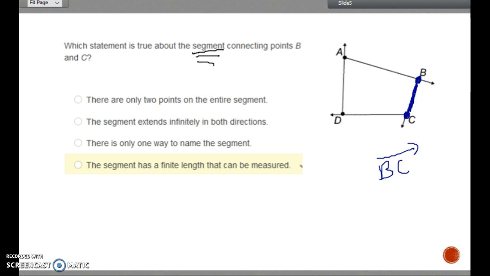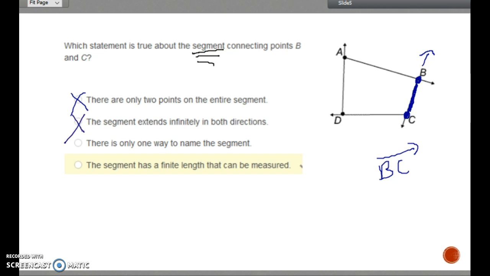All right, so now let's go through and see which is true about that blue segment. The first one says there are only 2 points on the entire segment. Well, that's crazy talk. We know lines have infinitely many points. The segment extends infinitely in both directions. Well, no. We definitely don't have an arrow going up. But even if there were arrows both directions, it's still just a segment, and a segment doesn't extend forever. A line extends forever, but not a segment.